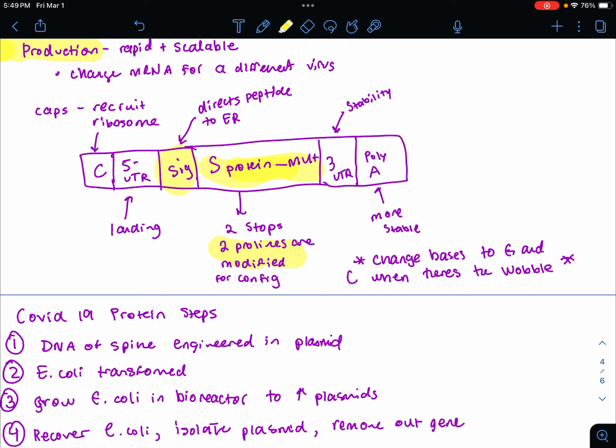You have 2 prolines to modify. You need to modify the prolines for the correct configuration, and then you have the 3' UTR. That's again for stability. Poly A tail, even more stability. You change the bases to G's and C's whenever there's that wobble, you remember in the amino acid code.